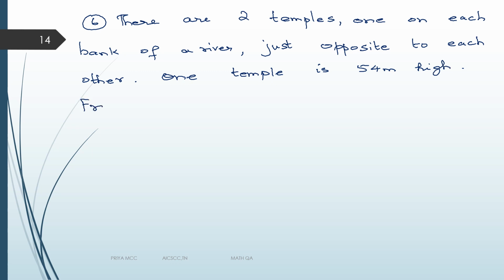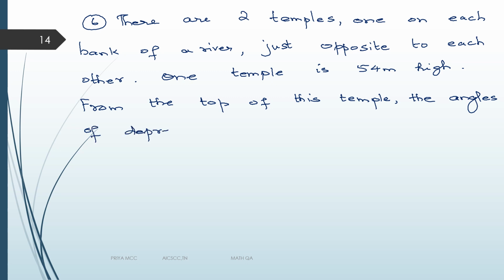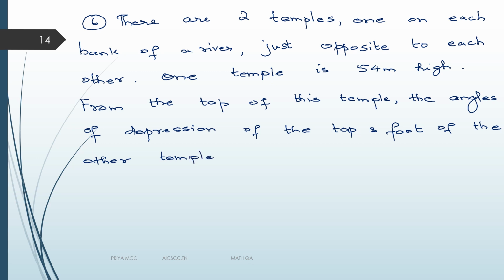From the top of this temple, the angles of depression of the top and foot of the other temple are 30 degrees and 60 degrees respectively.